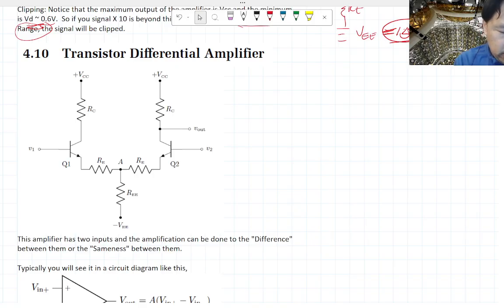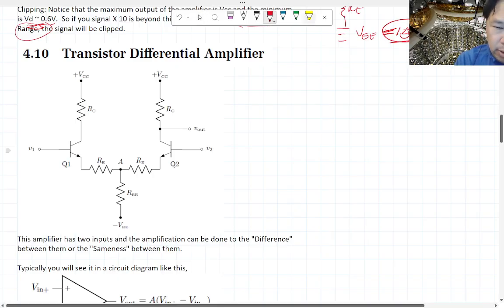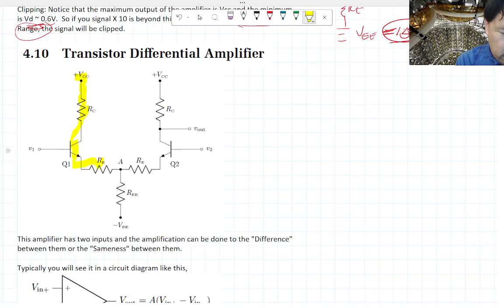Okay, let's look at this circuit diagram real quick. On the left hand side, you have a common emitter amplifier. You have a transistor, you have some resistor at the collector, at the emitter, you have some input. We're going to call that V1 instead of VB because we're going to have two inputs.